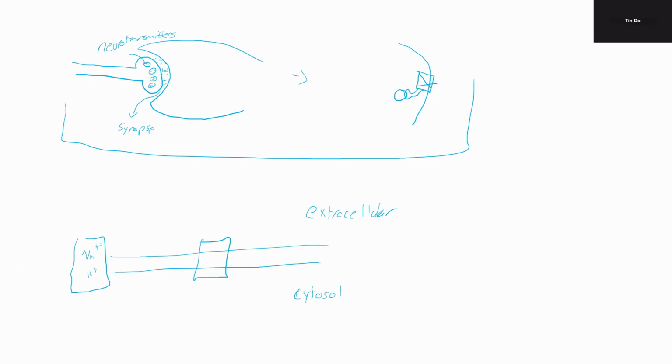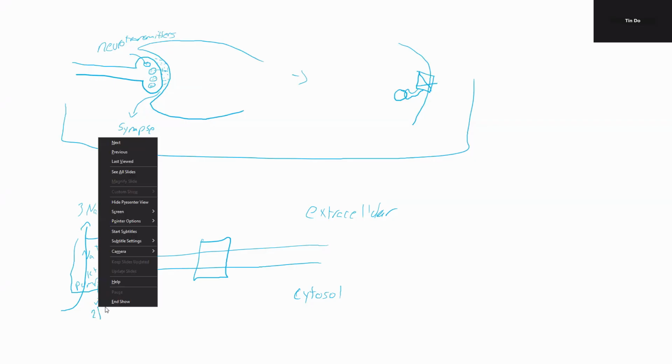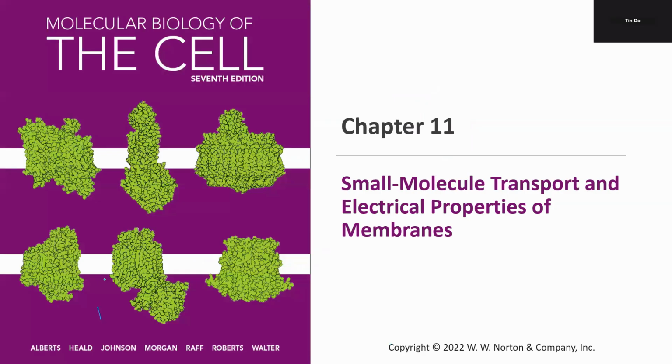The definition of a pump is to pump something from an area of low concentration to an area of high concentration. This is active transport. So, sodium is going to get pumped outside to the extracellular space, where 3 ions of sodium move out and 2 ions of potassium come in.